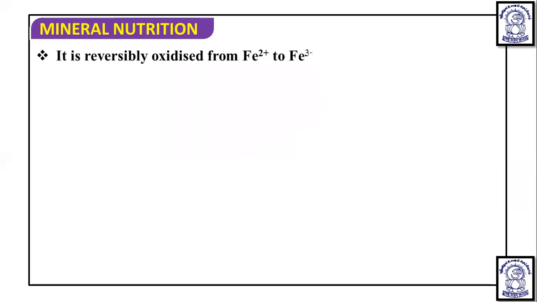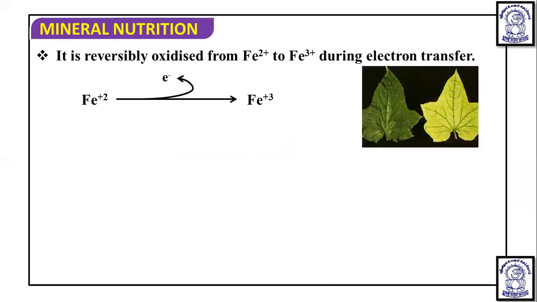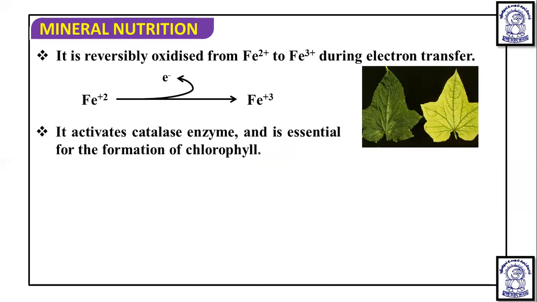Now it is reversibly oxidized. This ferrous Fe2+ is reversibly oxidized to the ferric ion during the electron transfer. Okay, so Fe2+ releases an electron, converting to Fe3+. It activates the catalase enzyme. Along with this, if you talk about its physiological role, it is essential in the formation of chlorophyll.